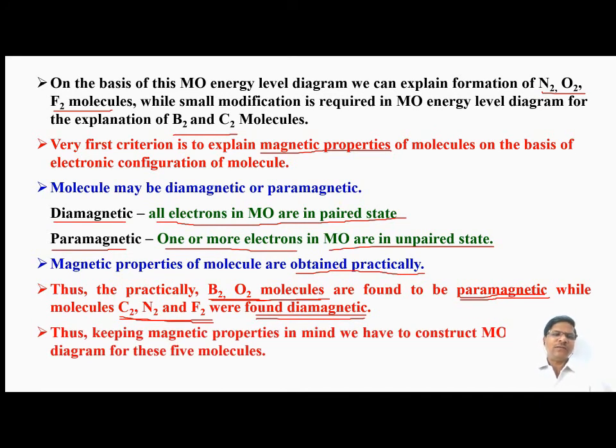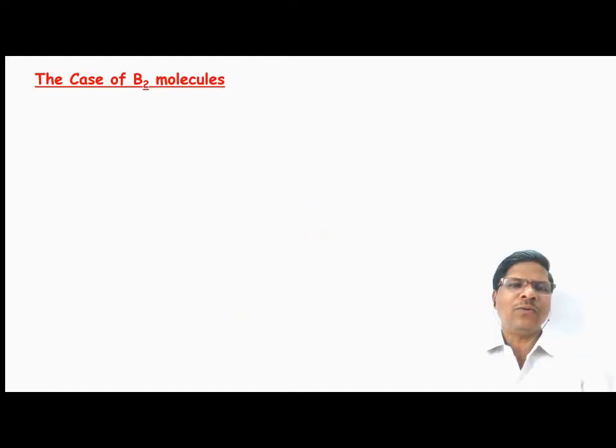So keeping the magnetic properties of these molecules in mind, we have to construct the molecular orbital energy level diagram for these 5 molecules, and we can alter the above represented diagram according to the magnetic properties. So, very first we will start with the B2 molecule.